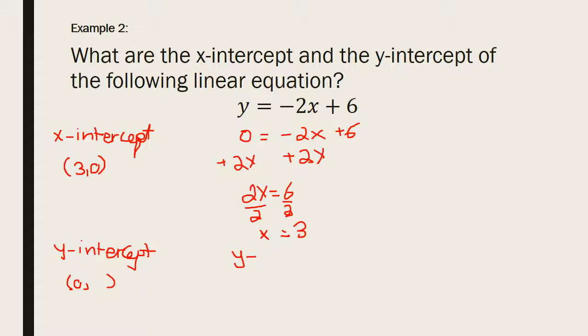I have y equals negative 2 times, and I'm going to substitute x with 0, plus 6. Now the y value, when we evaluate this linear function, is y equals 6, which means that the y-coordinate of the y-intercept is 6. This means that this linear equation has a y-intercept that intersects the y-axis at the point (0, 6).